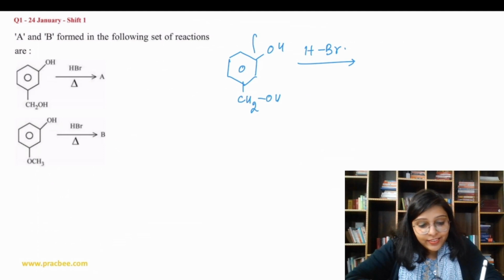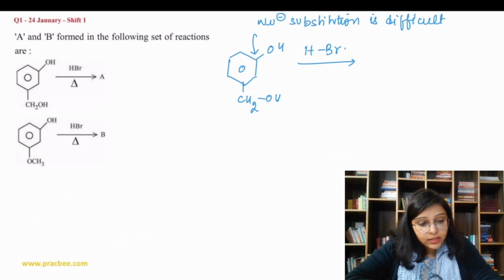So here nucleophilic substitution is difficult. Nucleophilic substitution on a benzene ring is difficult. So what happens over here?